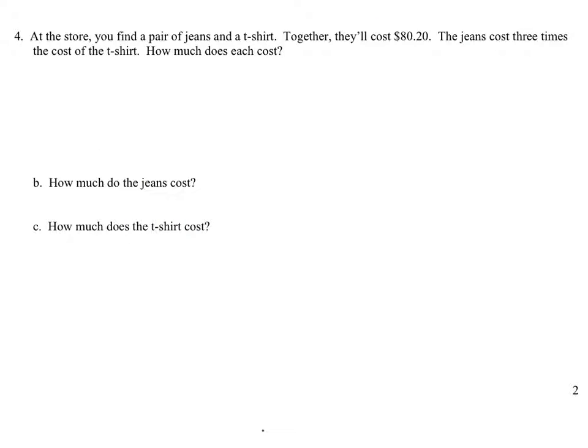All right, at the store you find a pair of jeans and a t-shirt. Together they cost $80.20. The jeans cost 3 times the cost of the t-shirt. How much does each cost? Well, we know we're going to purchase some jeans. That's better. And we'll also purchase a t-shirt.